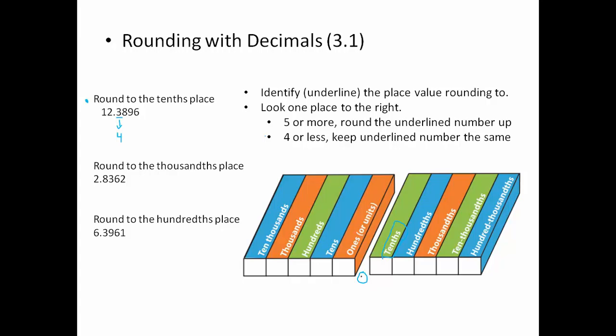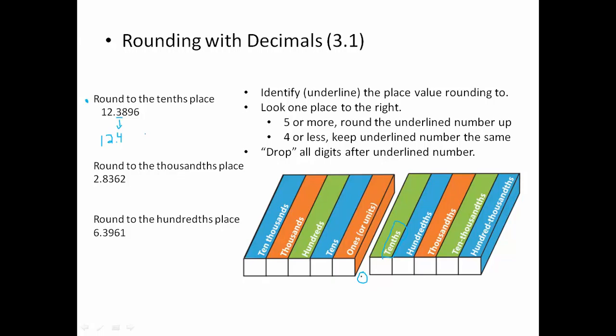Alright, let's take a look at the next step. I'm going to drop all digits after the underlined number. So all digits before the 12 and the decimal point are going to come straight down, but everything after that tenths place gets removed from the question completely. So your final answer is just 12.4.